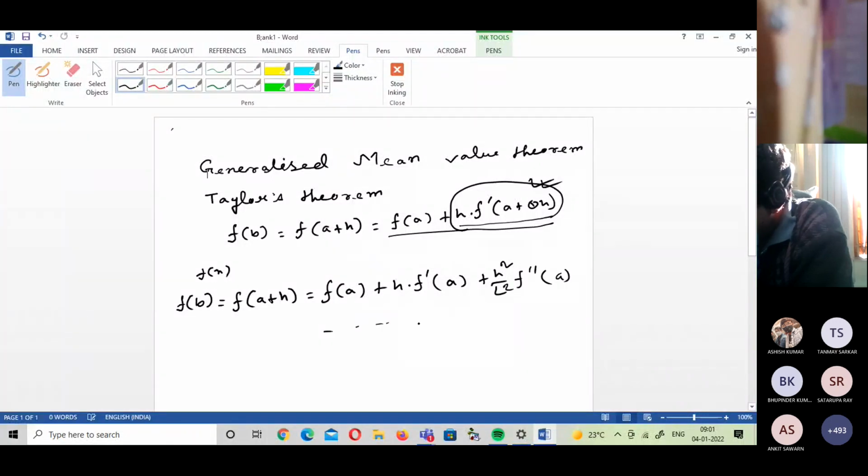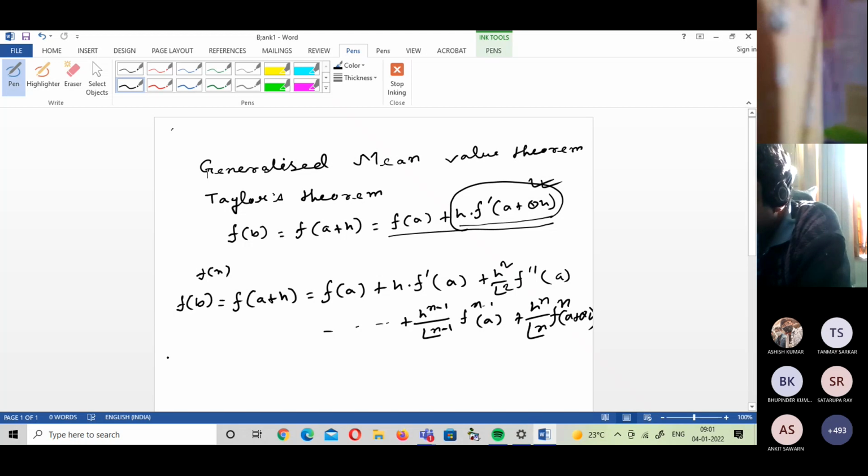In this way it will go to h to the power n minus 1 by factorial n minus 1 f of n minus 1 a plus h to the power n by factorial n f of n a plus theta h.